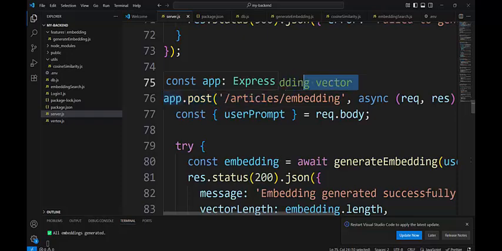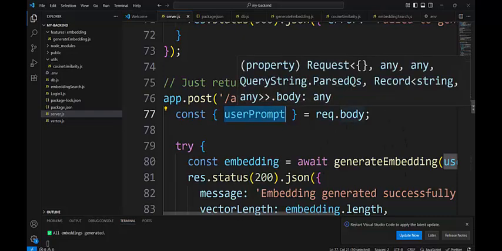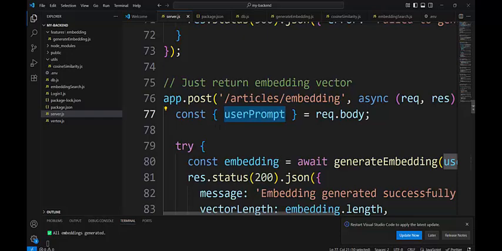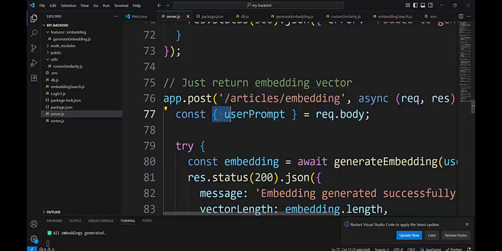This is the article embedding endpoint. The user prompt equals the request body. Here the request is an object with a body property, and this is a destructuring assignment, so we have the variable user prompt.